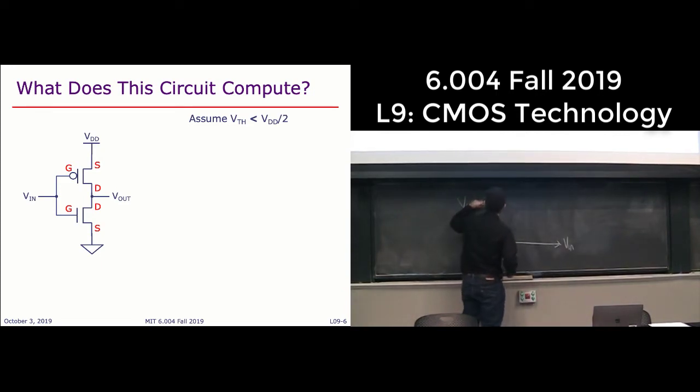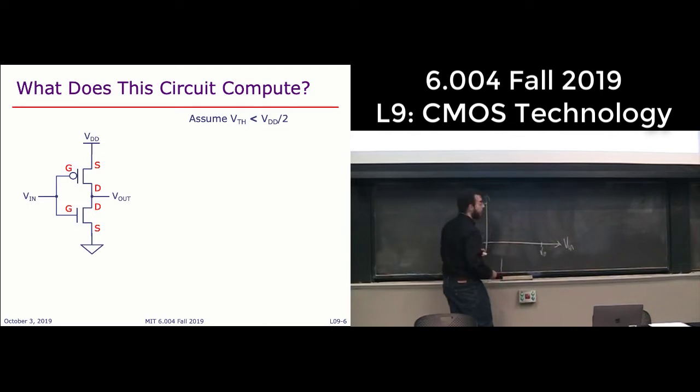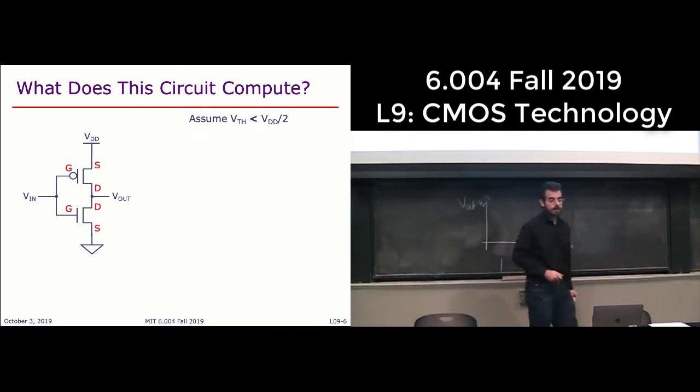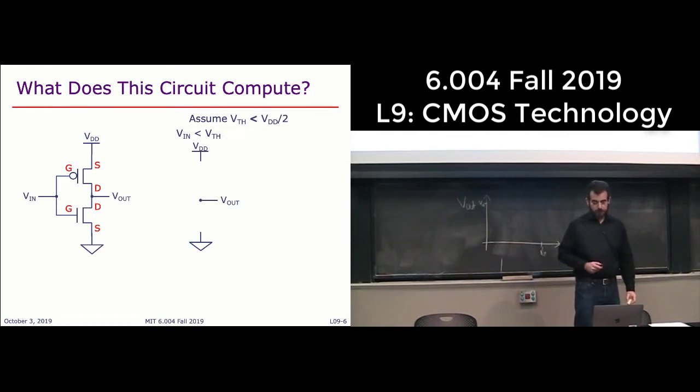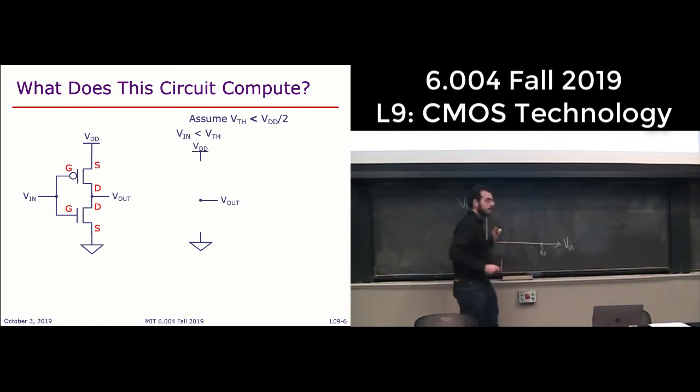We have VDD. So if we have a very low voltage at the input, what's going to happen? Let's say V in is 0, ground. Which of these transistors is going to be conducting?